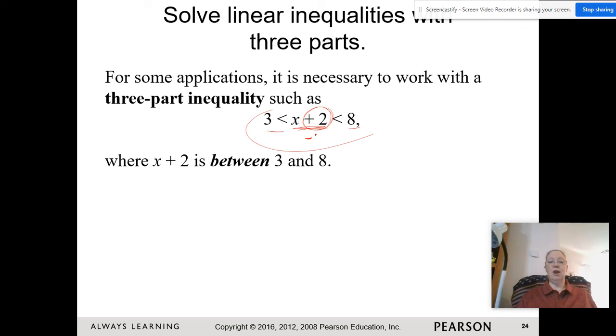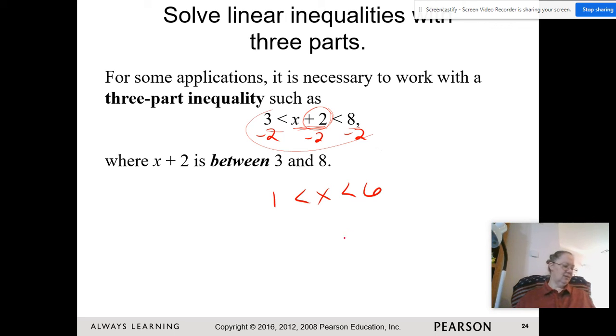So we're going to subtract 2, but remember it's a 3-part inequality, so we've got to subtract it and subtract it. Most of my students forget one side or the other. I'm not sure why, but you got a 3-part inequality, you got to subtract it 3 times.